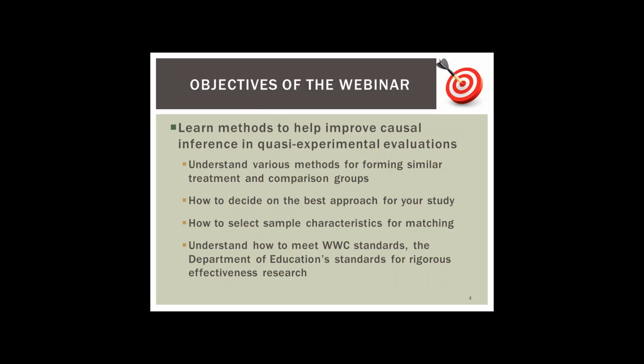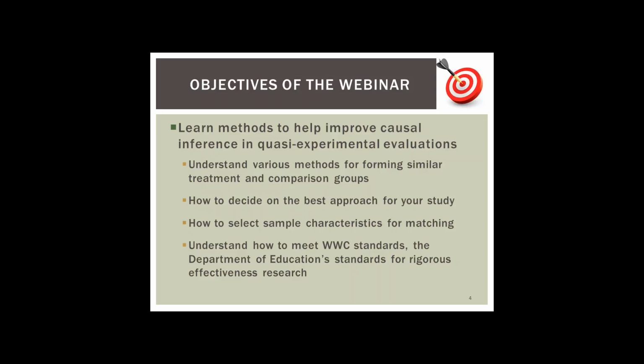Okay, so let's get started. What do I hope that you take away from this webinar at the end of the session? Our focus today is how to achieve equivalent treatment and comparison groups in quasi-experimental studies and to help us meet evidence standards. In order to do so, we are going to provide guidance on a couple of topics.